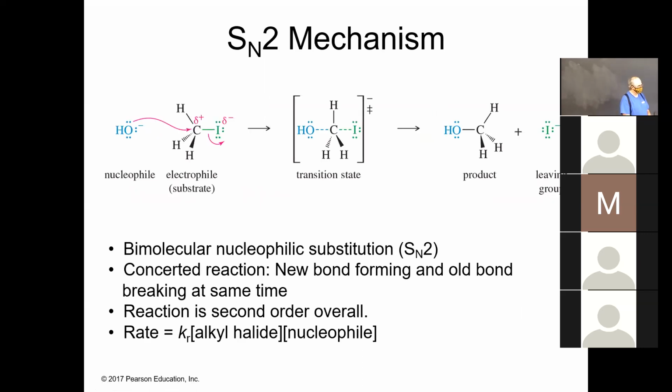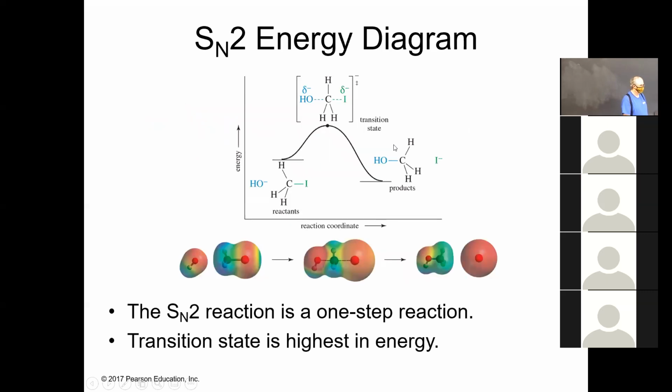So in this example, hydroxide forms a bond and iodide leaves. The transition state has a bond forming and a bond breaking at the same time. It has a trigonal bipyramid shape. There's just one step in an SN2, there's no intermediate.